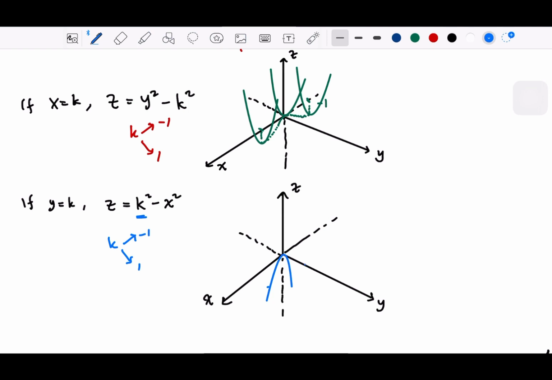So 1 is maybe here and negative 1 is here, and we are going to see it's moving up 1 point, right? And then we can also connect the vertices, we can connect all.